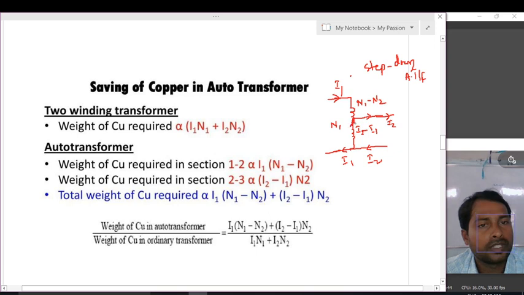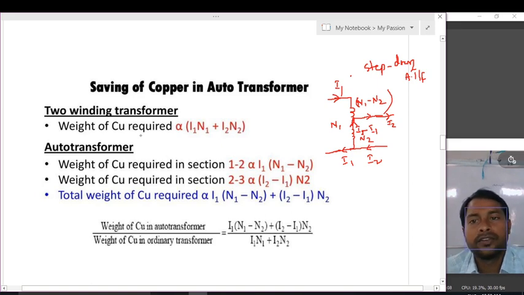The current through this section is I2 minus I1. These are the N1 turns, this is N2 turns, the secondary turns. This is the total or primary turns. These are the N1 minus N2 turns. This is the power transfer through induction, and this is the power transfer through conduction.